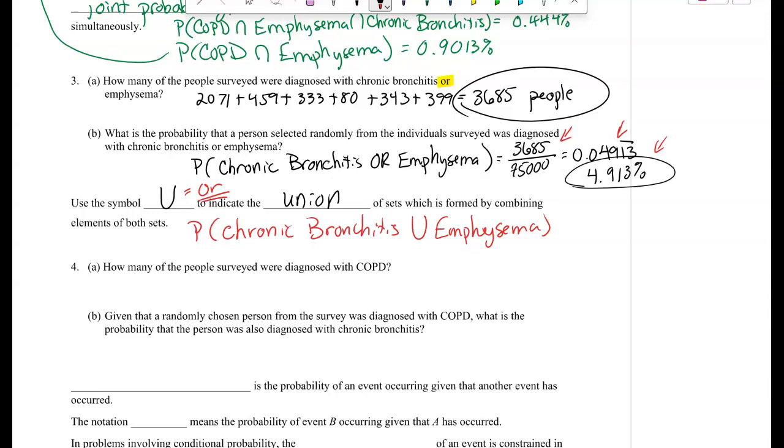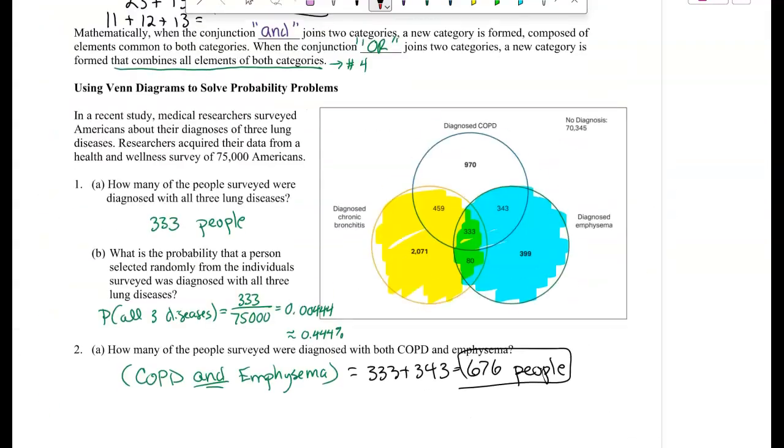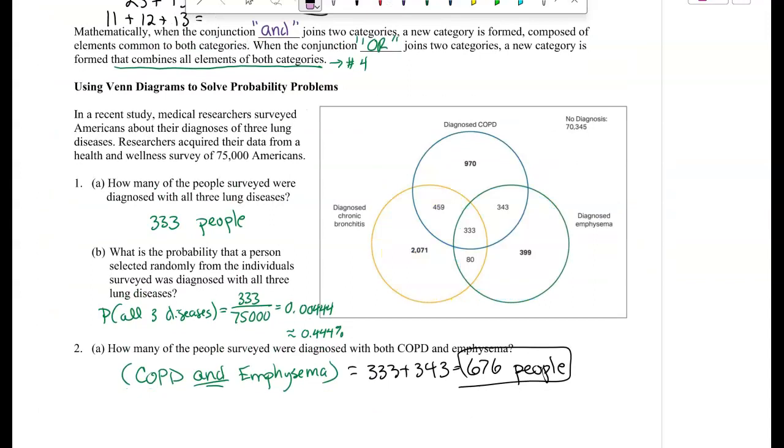Okay. Next one. Guys, easy. I think you have this down. How many of the people surveyed were diagnosed with COPD? Going back up there. All right, COPD. Aren't those my numbers I have to add together?